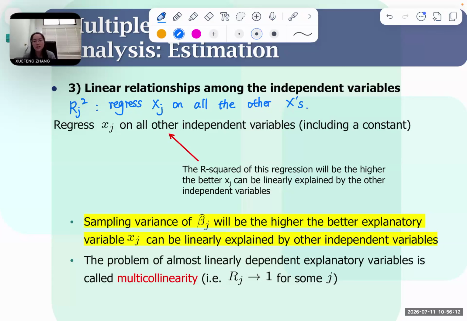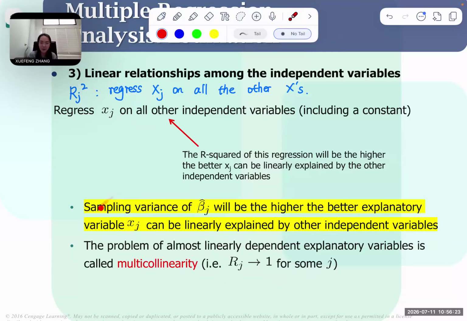This R squared tells us how well xj can be predicted from the other x. See the highlighted part: the more xj can be explained by the other x, the higher the sampling variance of beta j hat. Because that means you have high multicollinearity, all right?